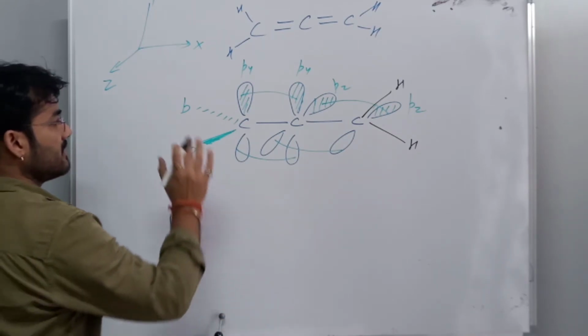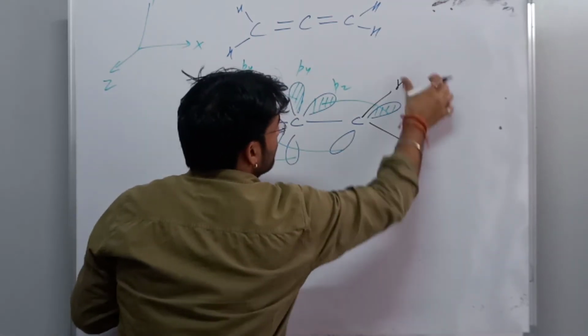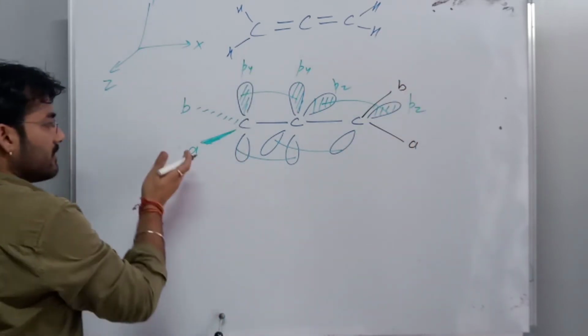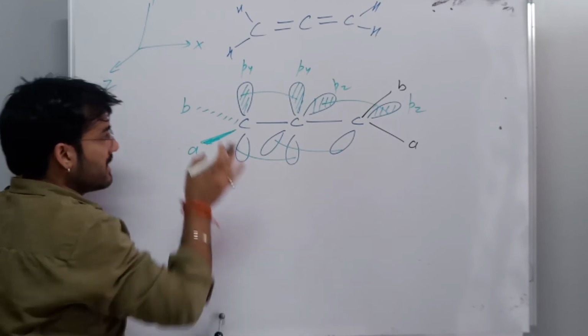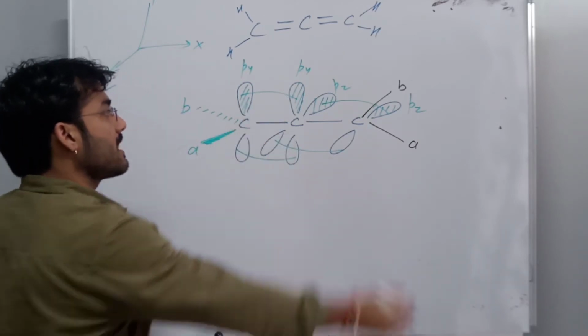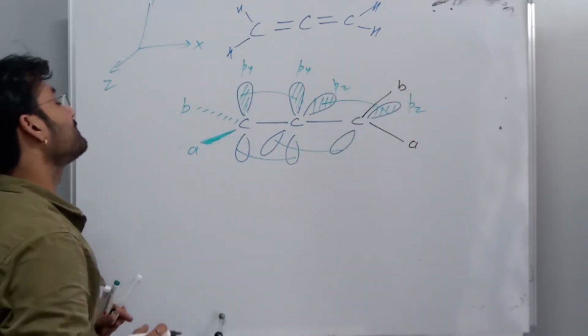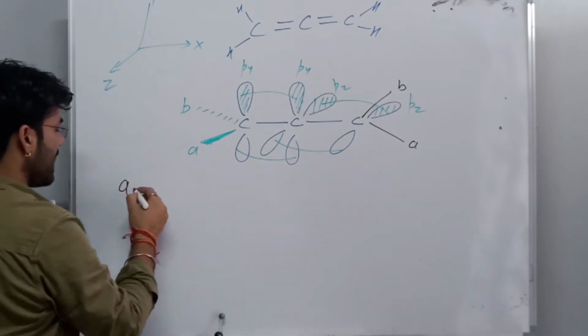It means that A is coming towards the viewer and B is going away from the viewer. What about this A and B? They are in the plane. So these are perpendicular.